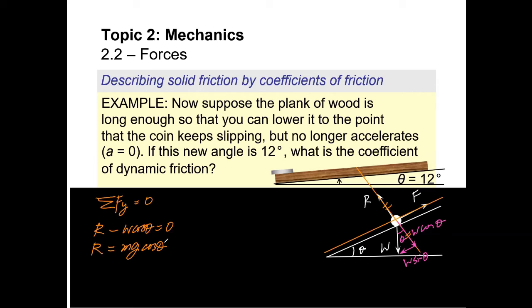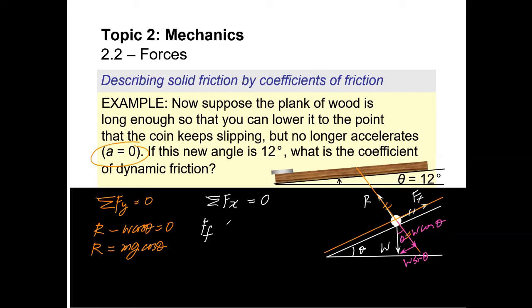And the object is actually sliding but no longer accelerating. Acceleration 0 means it's moving with a constant speed. So the resultant force in the x component also equals 0, because the object is moving with constant speed.